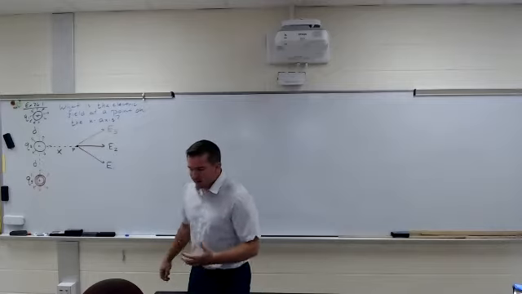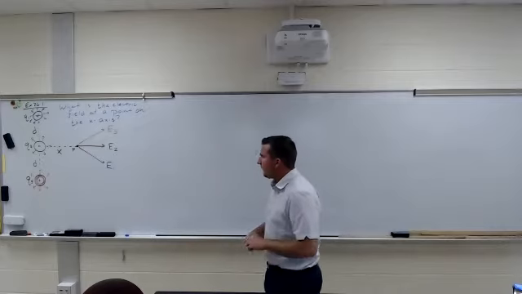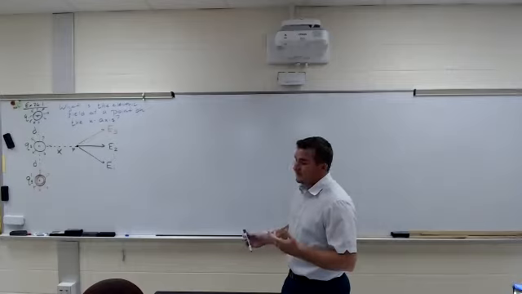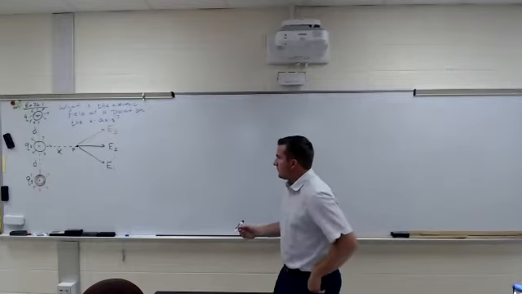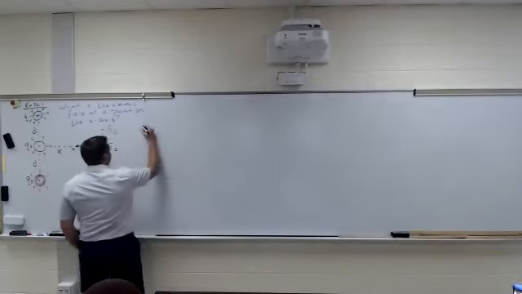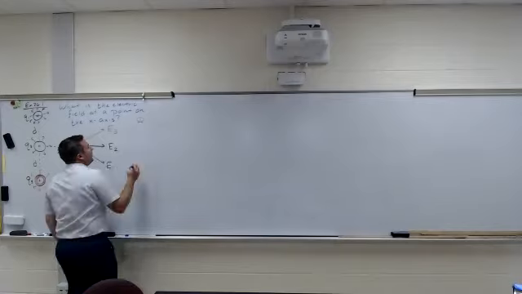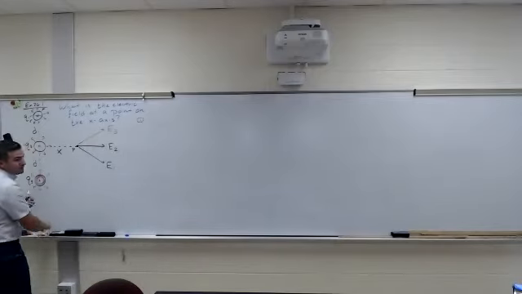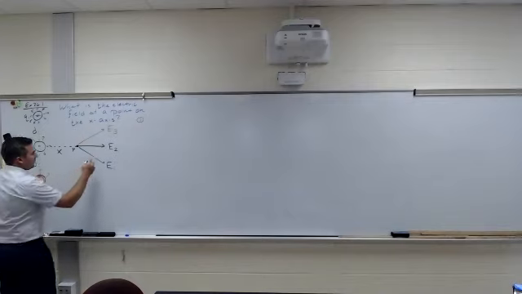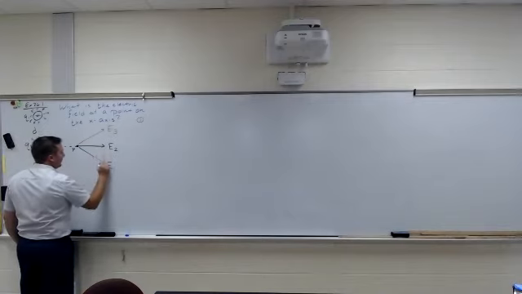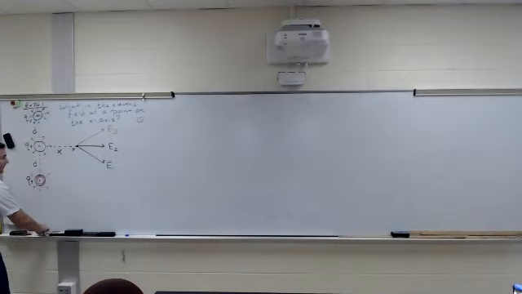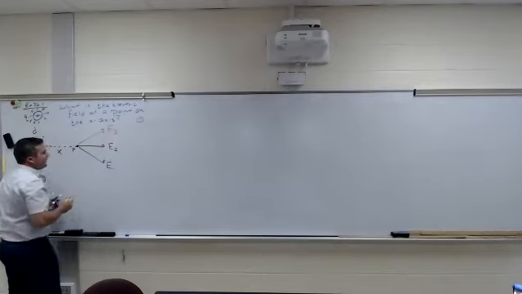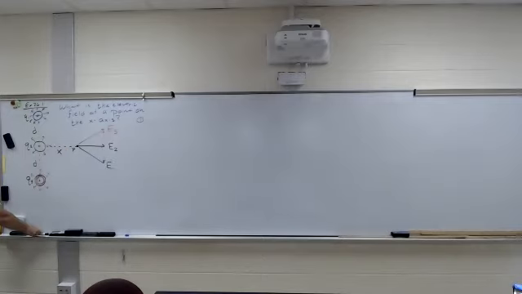A couple things that we can notice will help us out when we're doing this. That'll make this a lot easier, actually. First, because these are vectors, the y component of E1 and the y component of E3 are equal and in opposite directions.